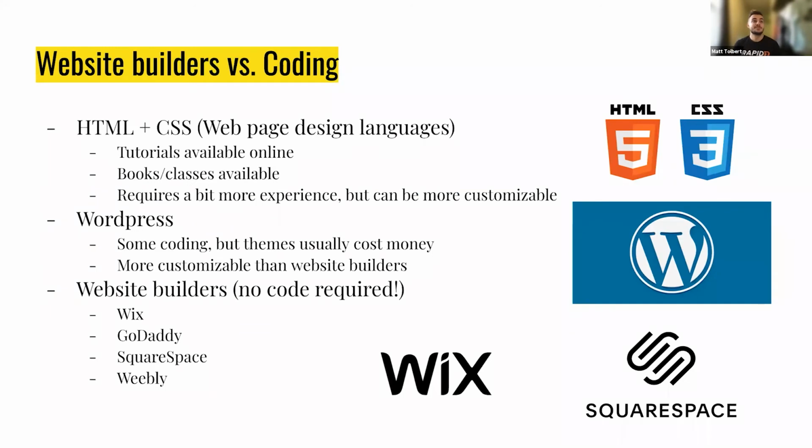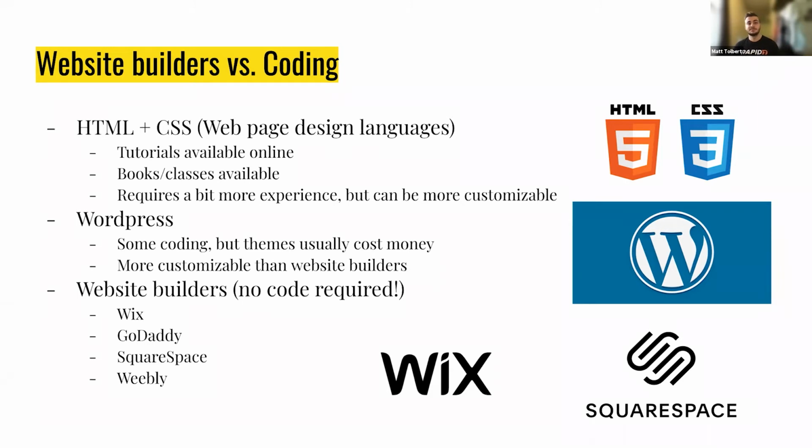Now, to talk about the difference between website builders versus coding. To begin, we have HTML and CSS, which are web page design languages. There are tutorials available online, as well as books and classes. It requires a bit more experience, but can become a lot more customizable as you determine more features for your website. In the middle, there's WordPress, which requires some coding, and the themes usually cost money.